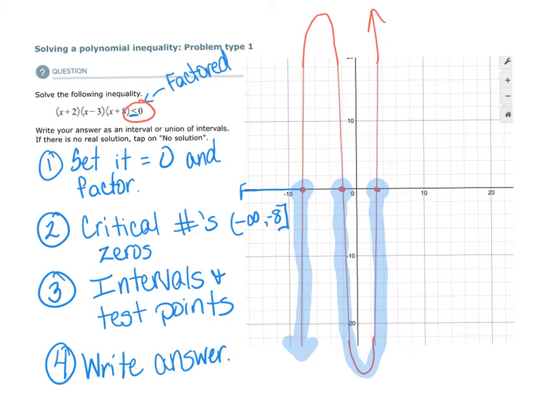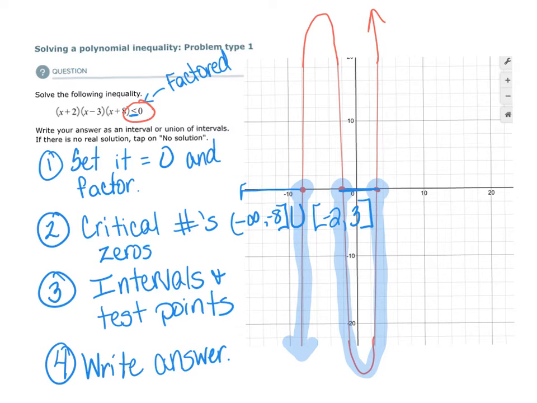Then we have to do our union, and we pick it up again right here. Those are our x values, negative 2 to positive 3. So that is our final answer. We just looked at it graphically. So now let's do it algebraically.